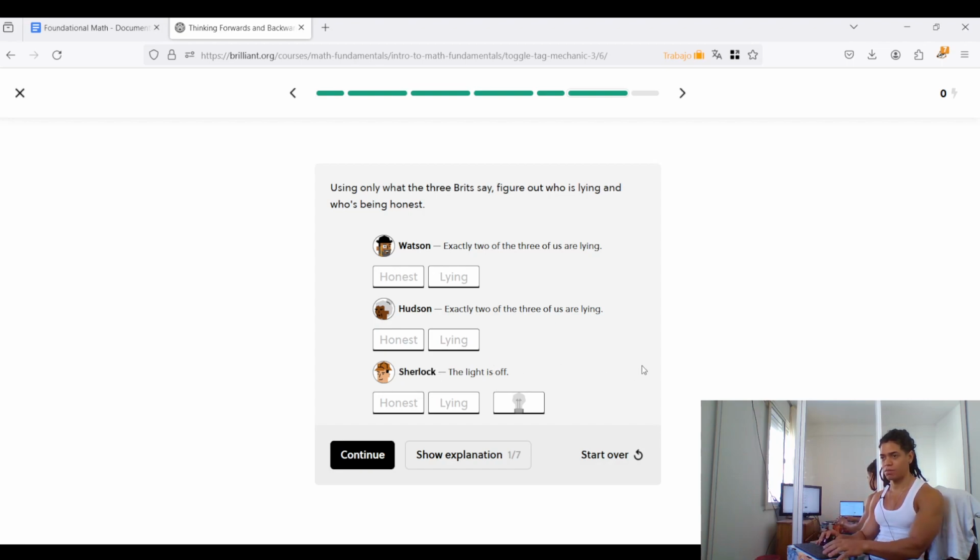So Sherlock must be lying. So this is one way to look at this. If both of them are lying, meaning that they're saying the truth, then Sherlock is now lying here. So Sherlock is not honest, is lying about the light is off, so this is true.